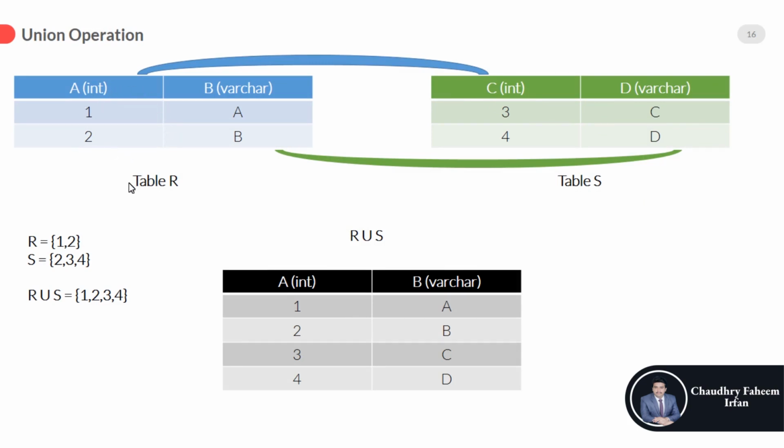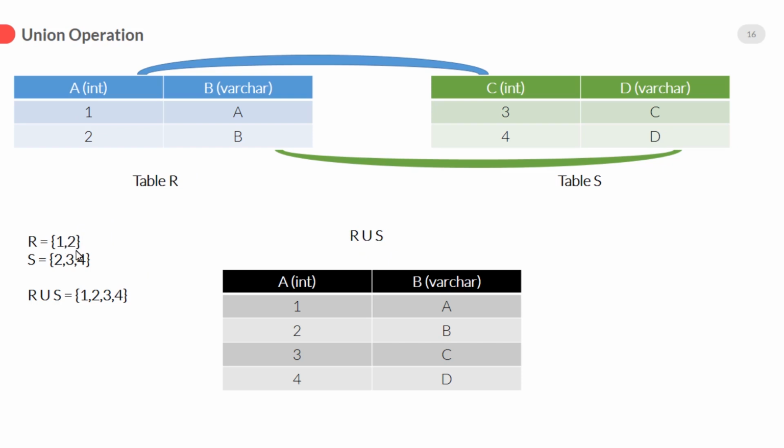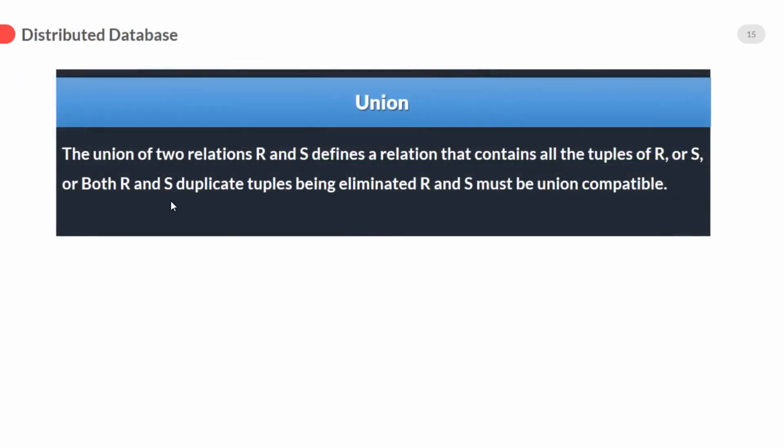For example, here is table R and here is table S. Union compatibility means we are going to perform R union S. We take all the elements from both, but common elements are removed, or rather, kept only once.